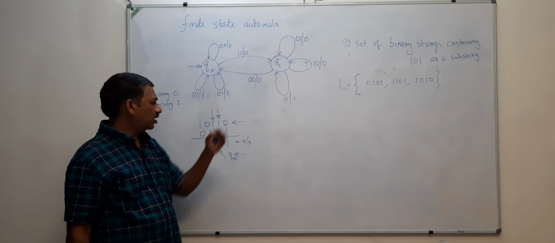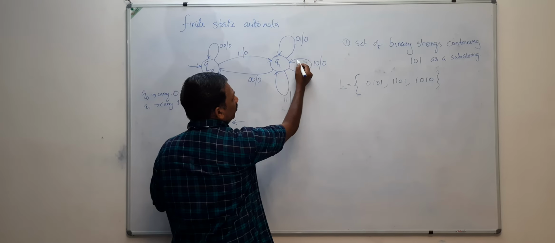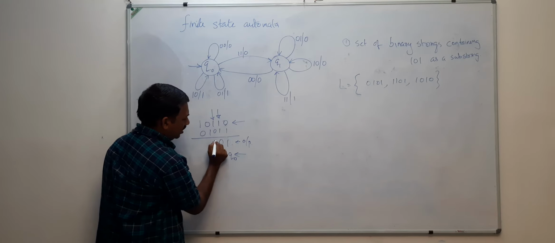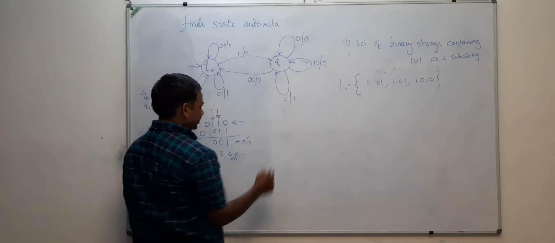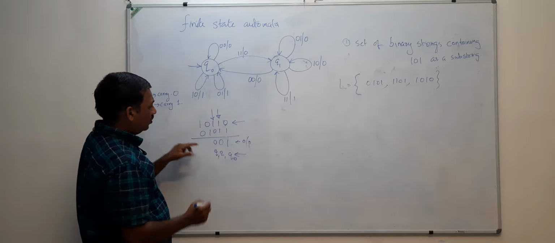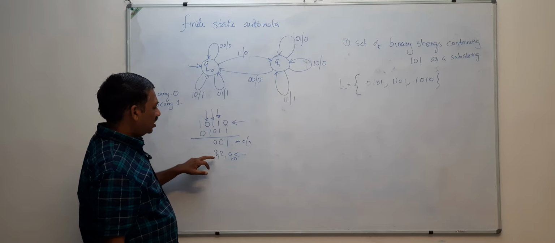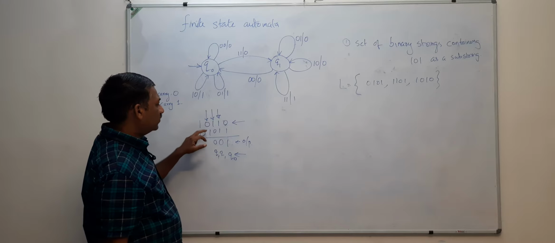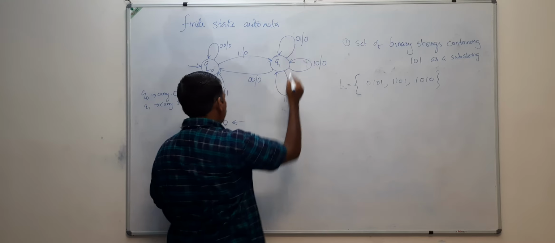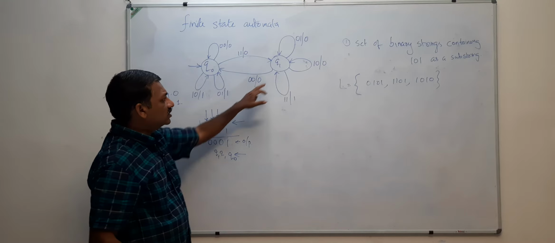In state q1, if 1 0 happens, again the output is 0 and control is given back to q1 itself. Now it is moving to the next pair of symbols, 0 1, and in state q1 the output is 0 and control is given back to q1.